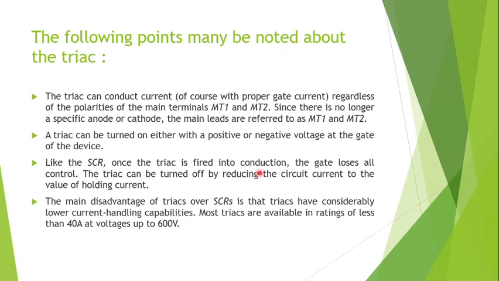Now, triac has one disadvantage over SCR, and that is SCRs have higher current handling capacities than triacs. Triacs are able to allow current to flow up to 40 amperes at voltage up to 600 volts, whereas in the case of SCR this value could be almost double.